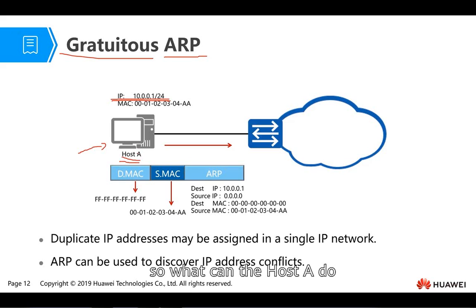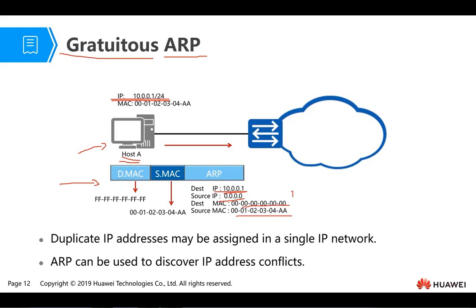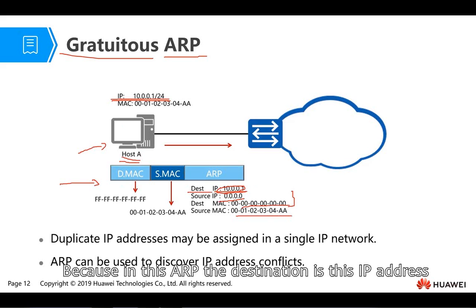Then what can host A do? Host A just sends an ARP request. In this request, the source IP and the destination IP are the same, and the destination MAC address and the source MAC address are all 0, to find out if another device uses this IP, because in this ARP the destination IP is this IP address.